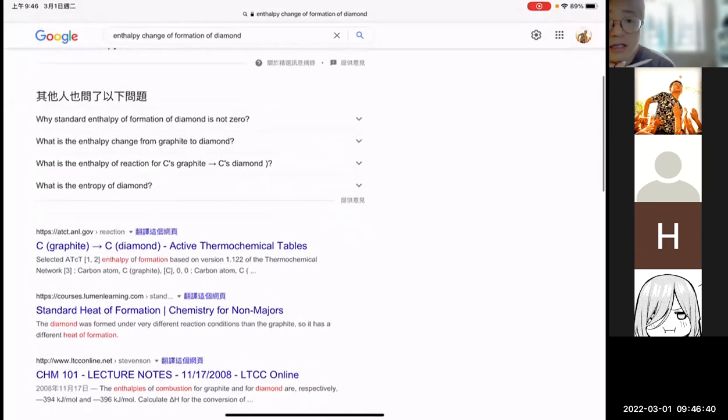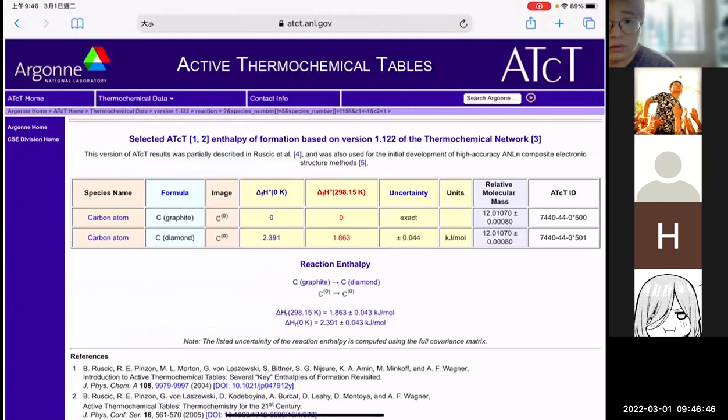Can we have the standard enthalpy change of formation of graphite? Oh, it's just 0. So what is the meaning of this? What does the standard enthalpy change of formation of graphite and diamond mean? Do you understand?